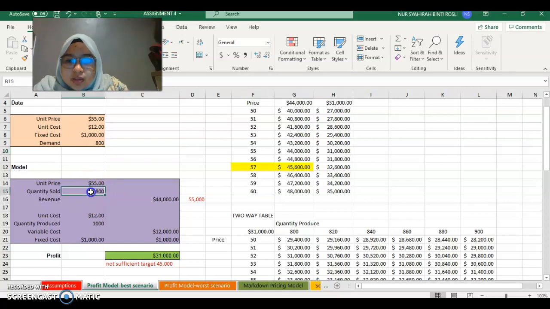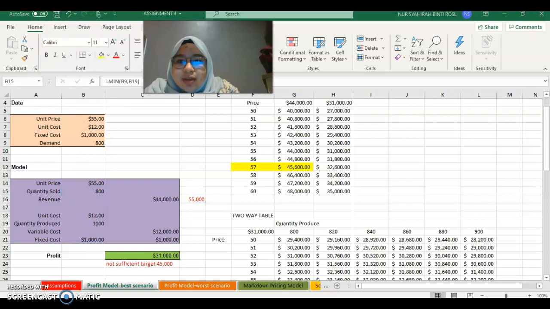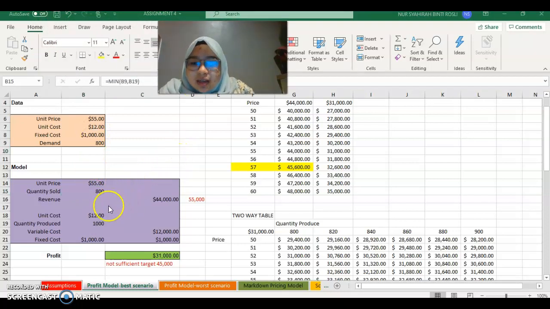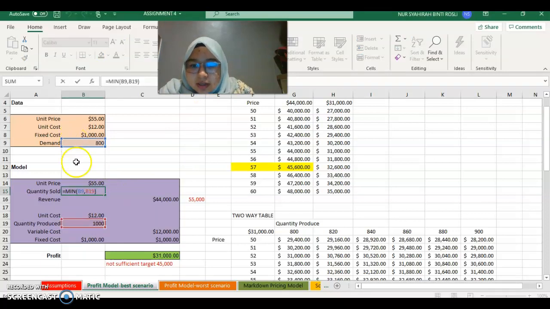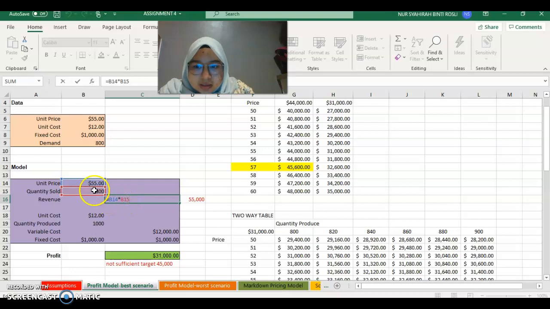The quantity sold is actually the minimum value of demand and quantity produced. And the revenue is the unit price times quantity sold.